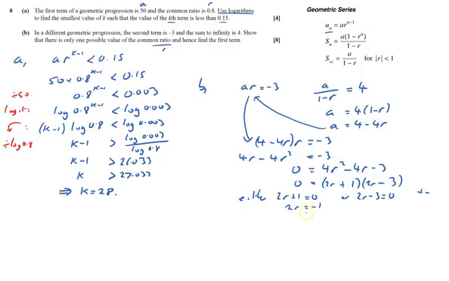2R equals negative 1, so R equals negative a half, or 2R equals 3, R equals 1.5, but it can't. And it can't because sum to infinity exists, and that says that modulus of R has to be less than 1, so it can't be that.